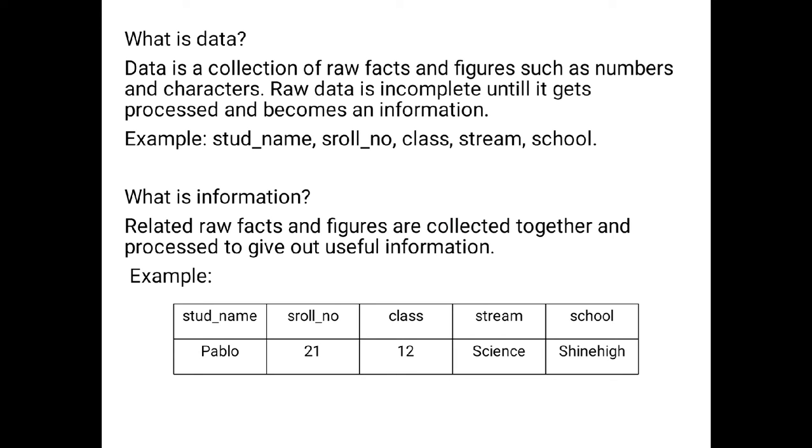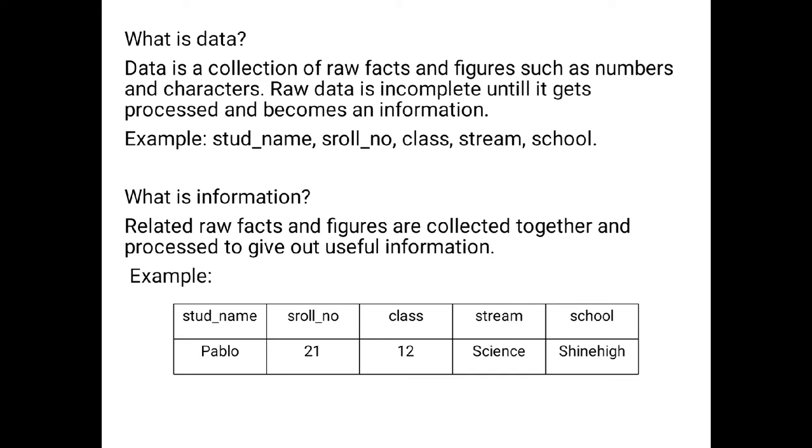But if you see the table that I've drawn, and you combine the raw facts and figures, that is student name, roll number, class, stream, and school, and read all the details in one row, say the student name is Pablo, roll number 21, class is 12, stream is science, and school is Shanghai.